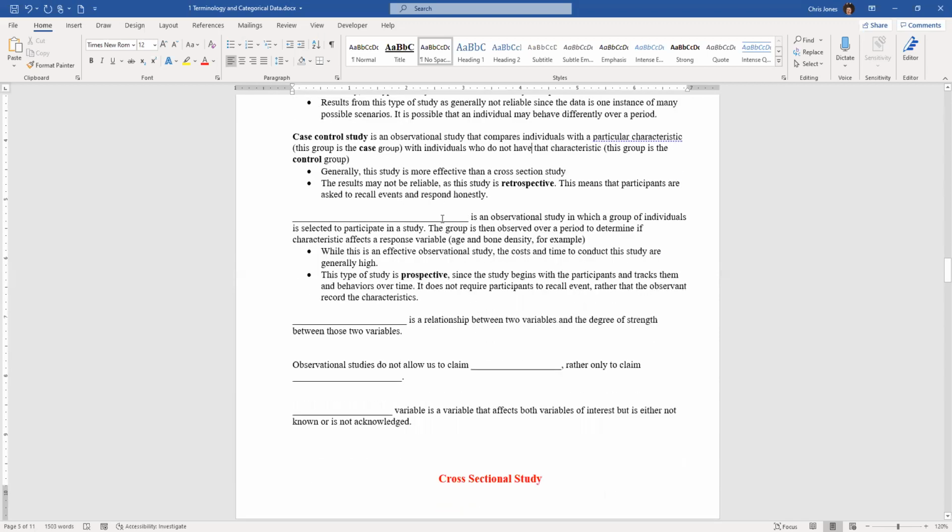Now, the most effective type is something called a cohort study. A cohort basically takes a group of individuals from some beginning point and we just study them throughout time, all right?